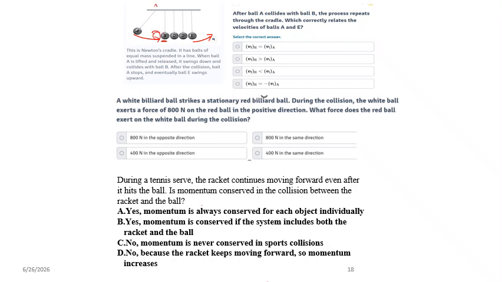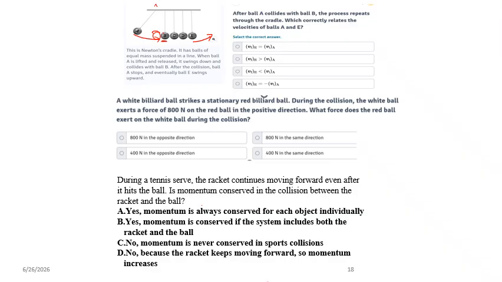E will go. Now after A collides with B, the process repeats through the cradle, and which option correctly relates the velocity of ball A and E? Select the correct option. So what will be the relation between the velocity of E and the velocity of A?